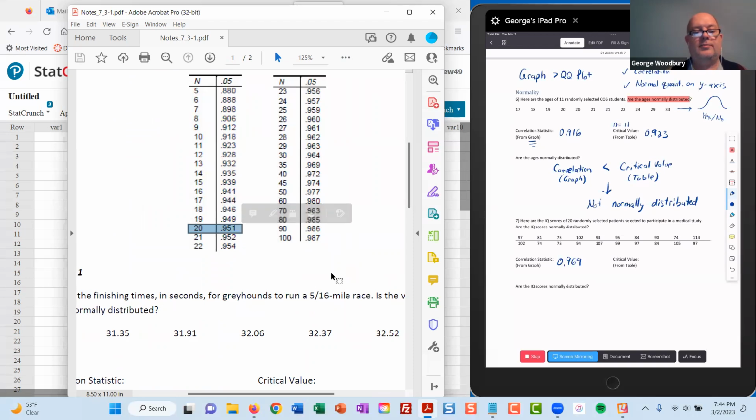When n is 20, when the sample size is 20, the critical value, the number to beat, is 0.951. And this time, the value from the graph is bigger than the value from the table. That means that they are normally distributed.